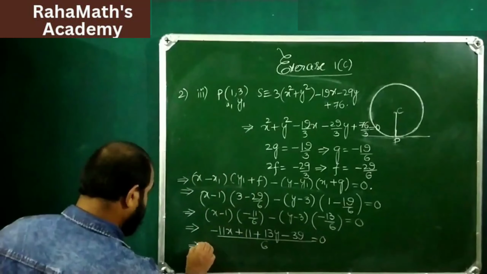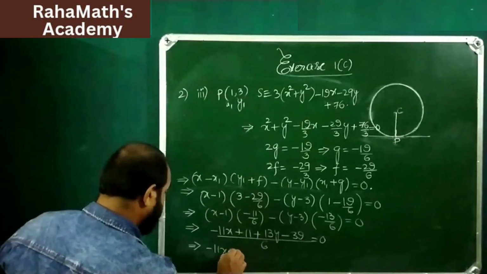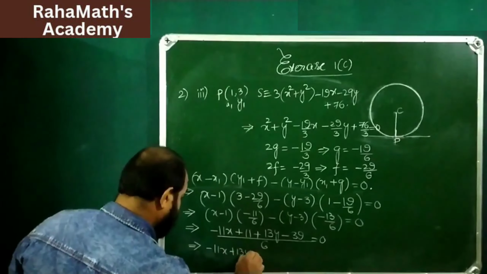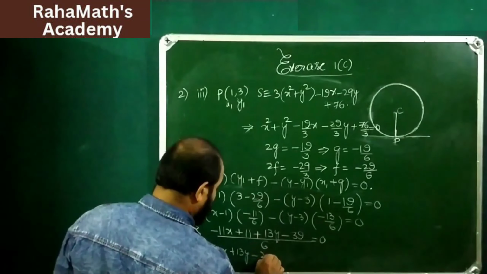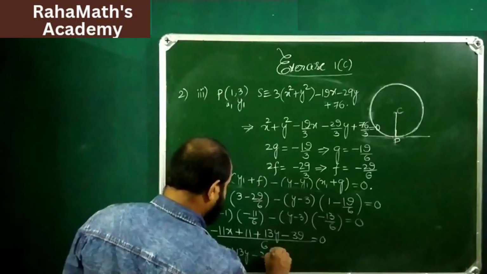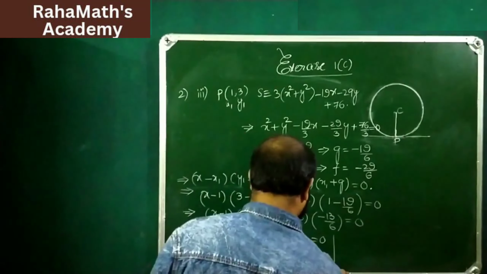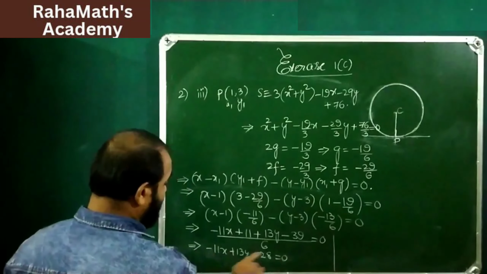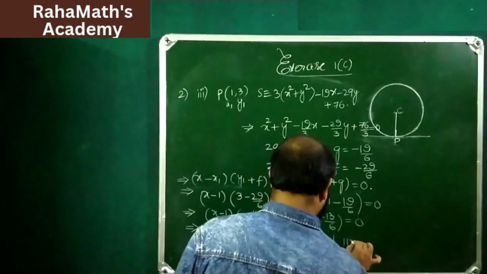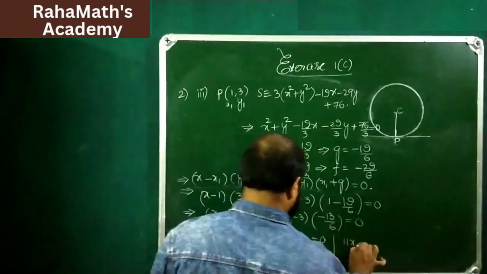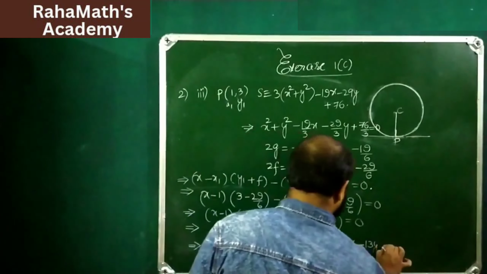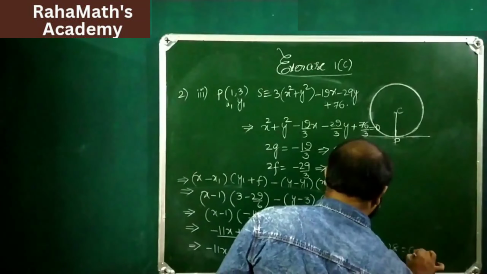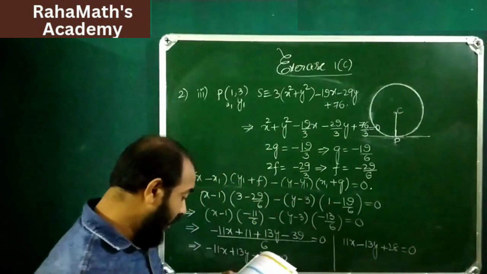This implies minus 11x plus 13y plus 11 minus 39, that is minus 28, equals 0. Therefore, if you cancel minus throughout the equation, 11x minus 13y plus 28 equals 0 is the required normal.